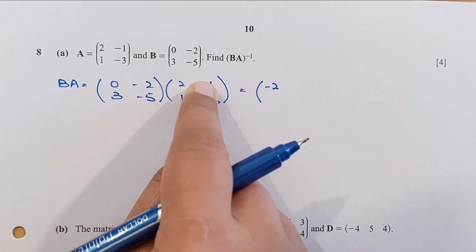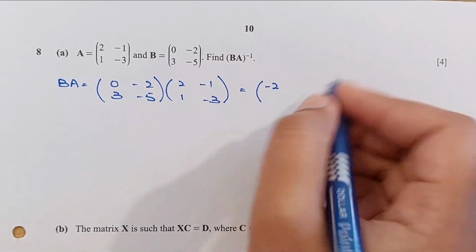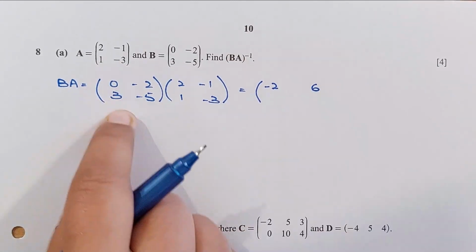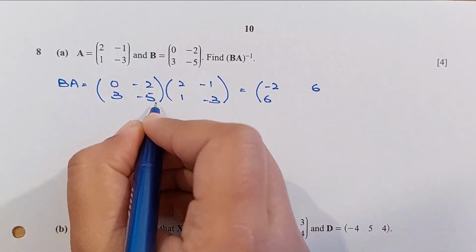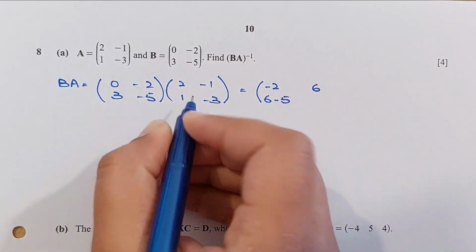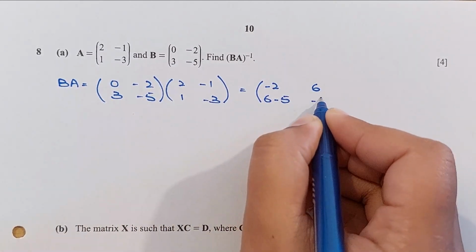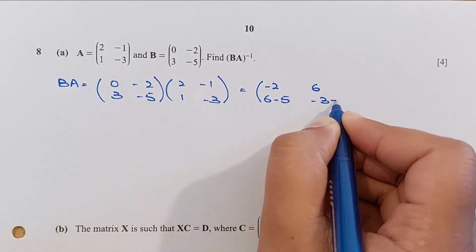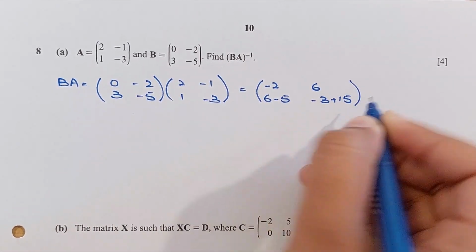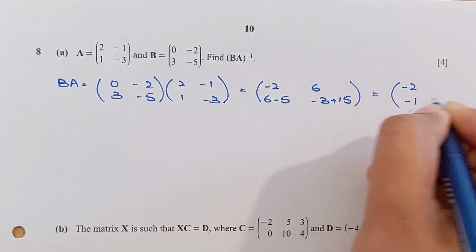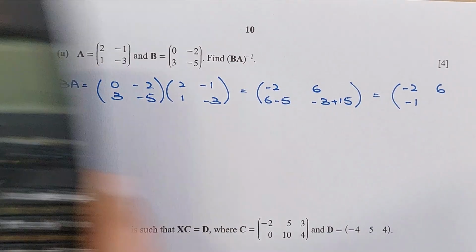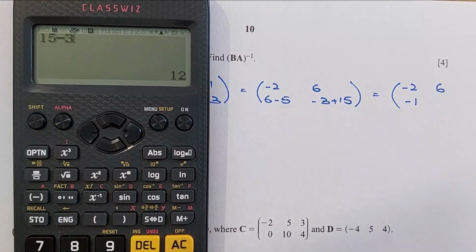Row with the column: 0 times minus 1, minus 2 times minus 3 is 6. 3 times 2 is 6. And 5 times 1 is minus 5, and 3 times 1 is minus 3, and 3 times 5 is 15, right? So here the matrix is minus 2, minus 1, 6, and 15 take away 3 is 12.